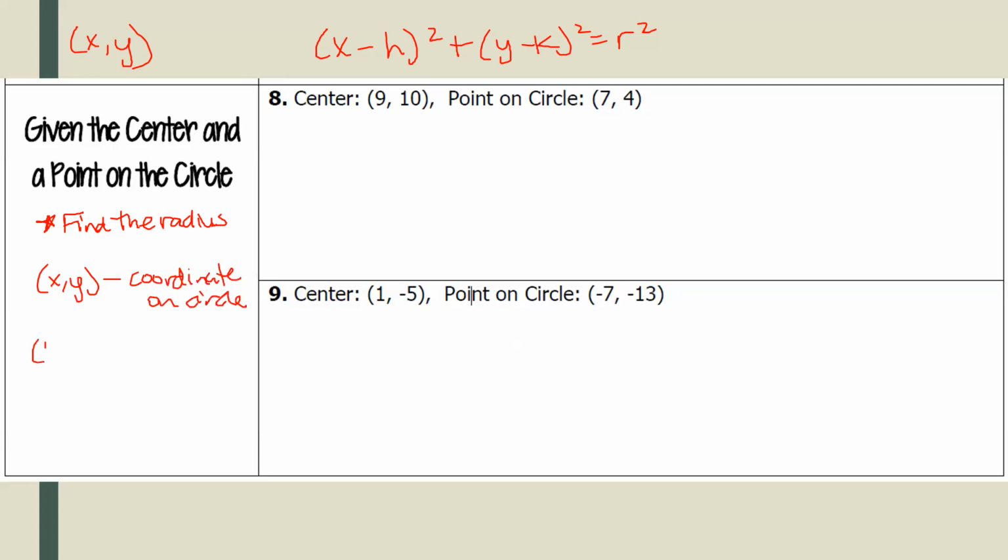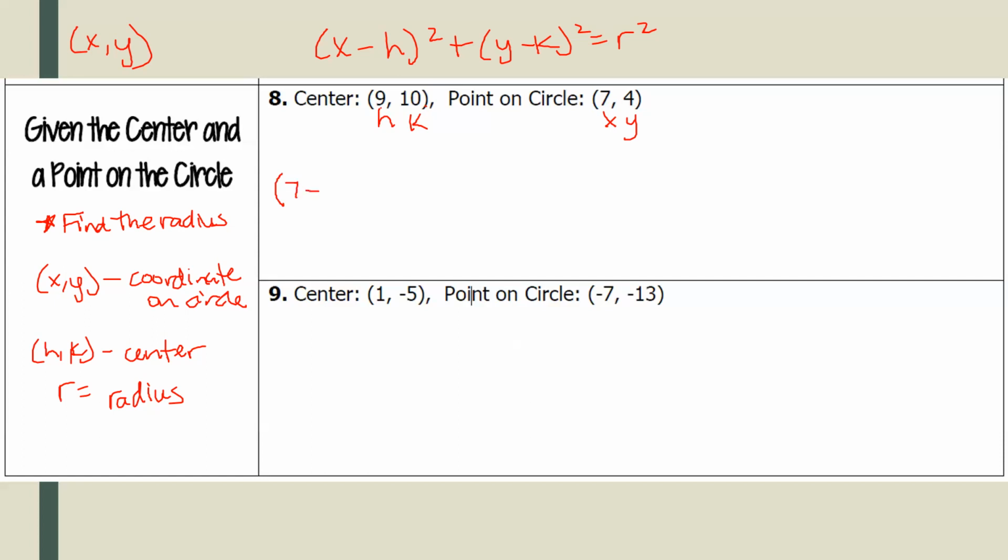We've said that h, k is the coordinate of the center of the circle, and r is the radius, of course. So the center of the circle is 9, 10, so that's your h, k, and your point on the circle, they gave you your x, y. We need to find the radius. So I'm going to take my h, k, x, and y and plug it into my equation of a circle.